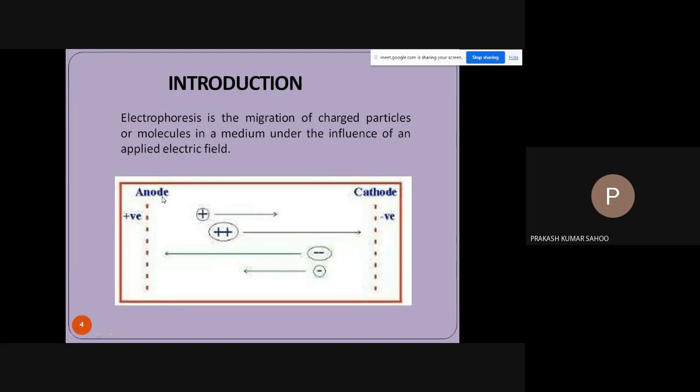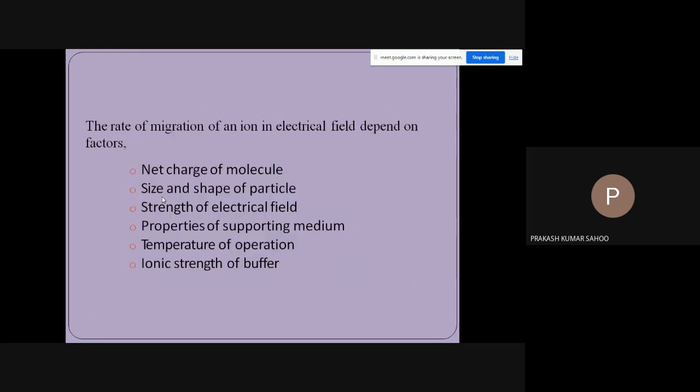So this is the migration of the ions to their respective electrodes based on their charge and the applied electric field. This migration depends on the net charge of the molecule, size and shape of the particle, strength of the electric field, property of the supporting medium, temperature of operation, and finally the ionic strength of the buffer.